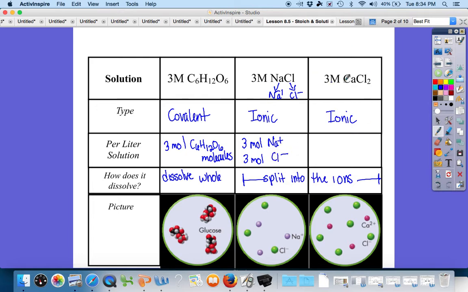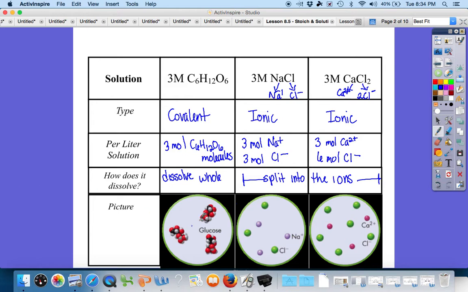However, when we get to calcium chloride, this is going to split into calcium 2 plus ion and 2 Cl1 minus ions. So we have 3 moles of our calcium ions and 3 times 2 gives us 6 moles of our chloride ions.